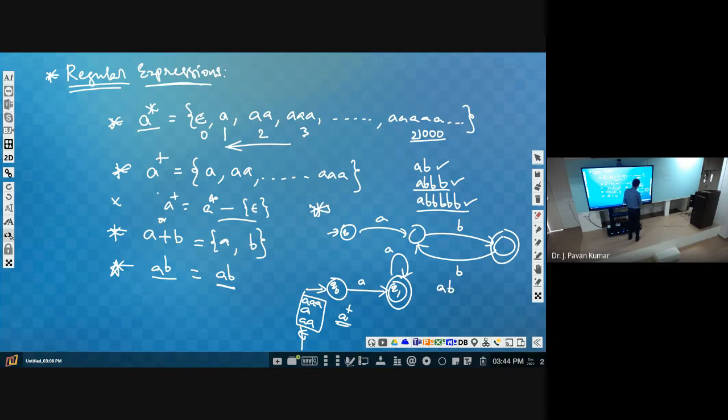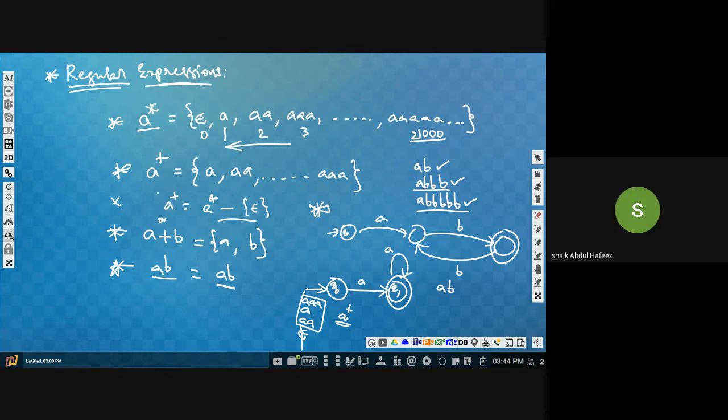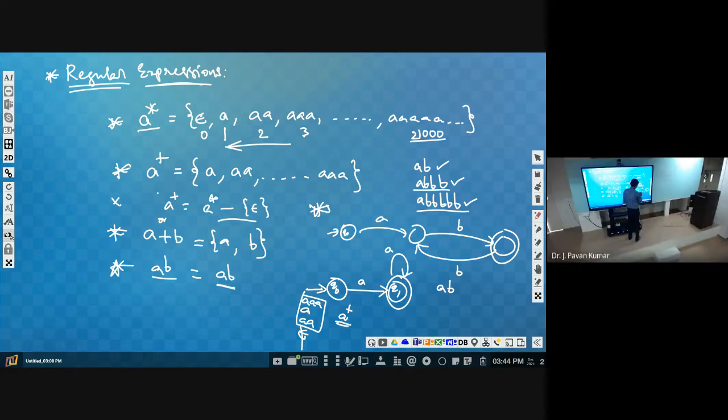Next, if you take B, one more B, definitely we should take another B, right? Yes or no? Yes, sir. Here the thing is, after taking A and B, if you take one more B, definitely we should take another B. Otherwise, we cannot reach the final state.